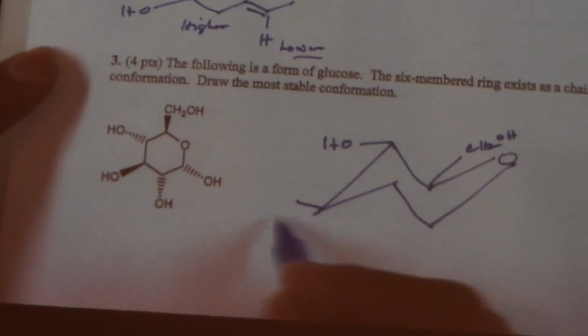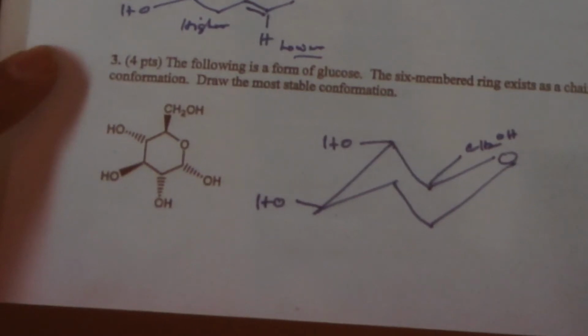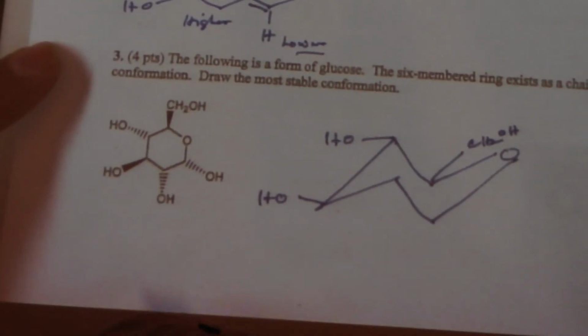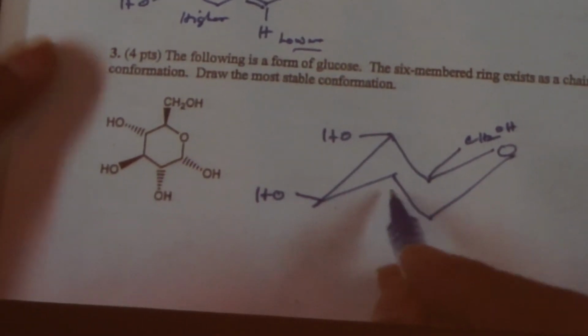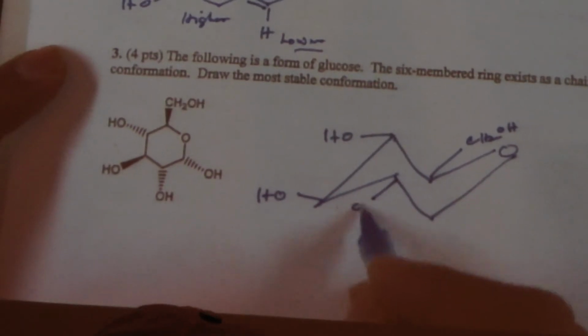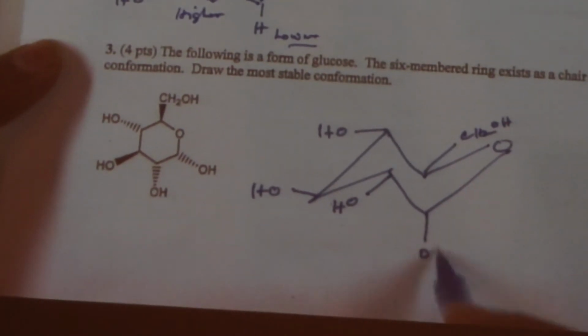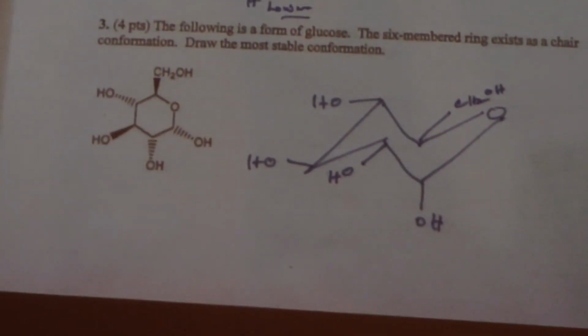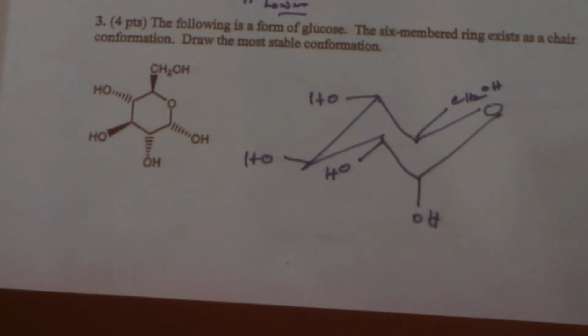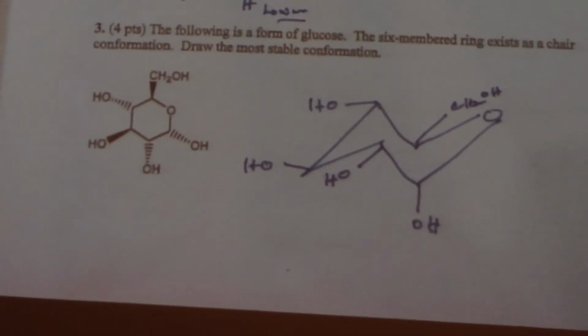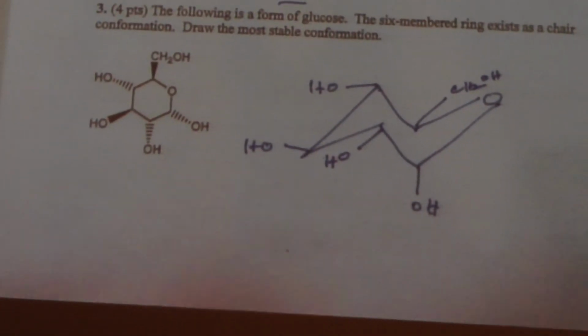Go to the next one, that's again a trans relationship, so the other would be equatorial. This one also is trans, so this should be equatorial as well. But the final one, this one is 6, therefore it must be axial. And this is the most stable structure. If not, then you can always flip that one. Okay?